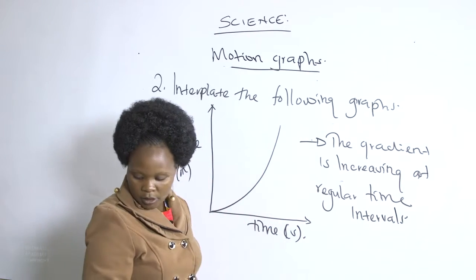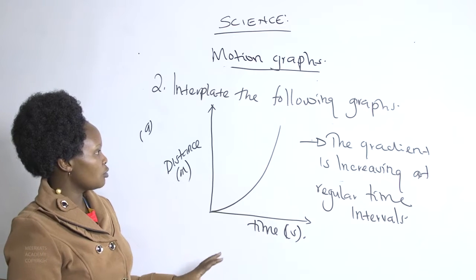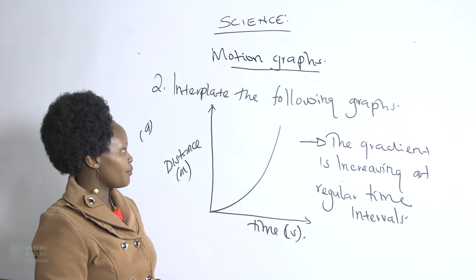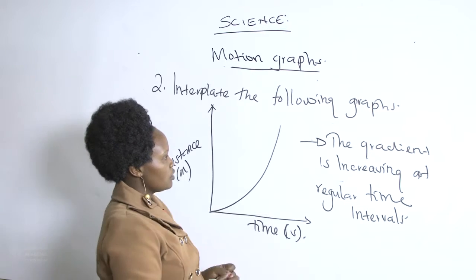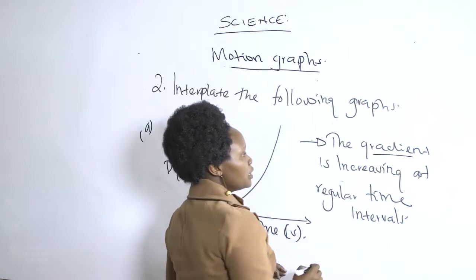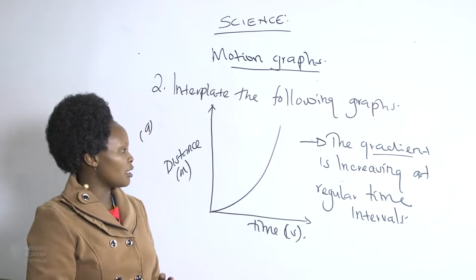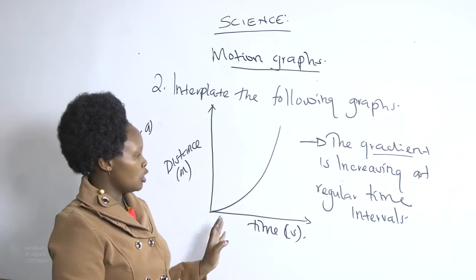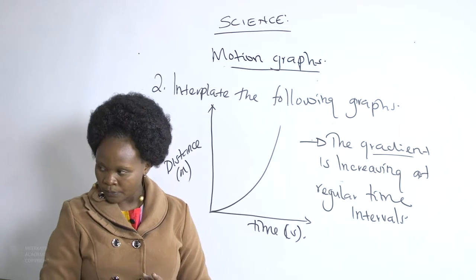Therefore, the gradient of this graph, remember, tells us something about the speed of this body.